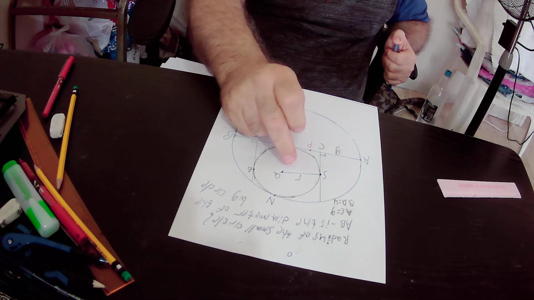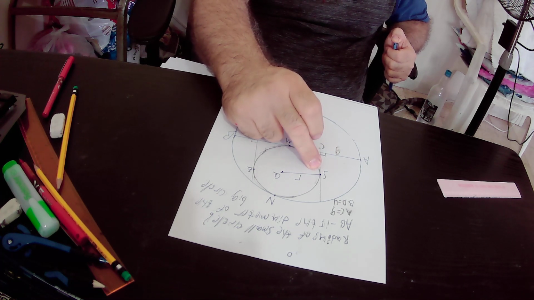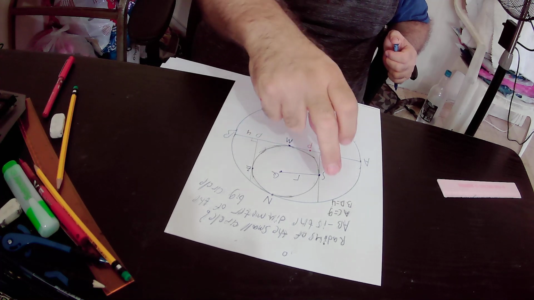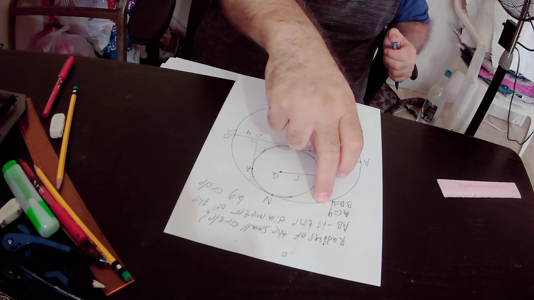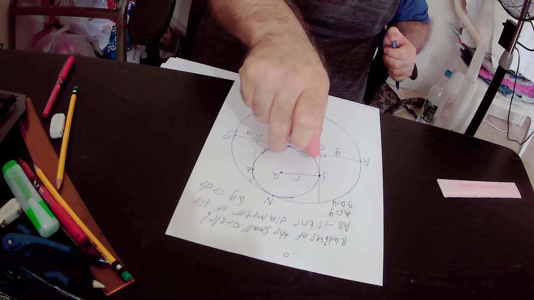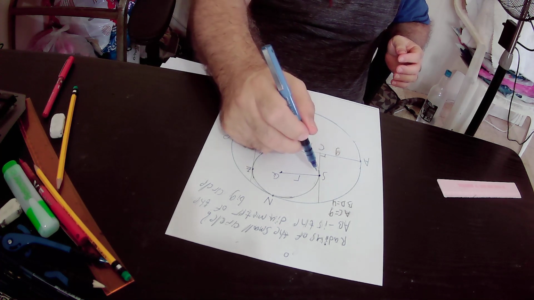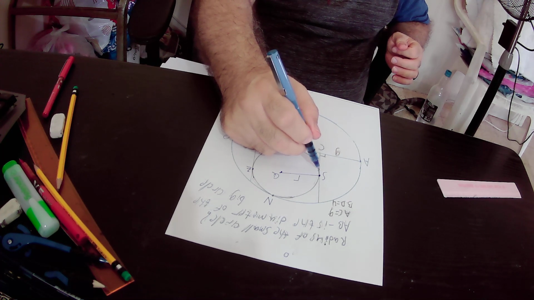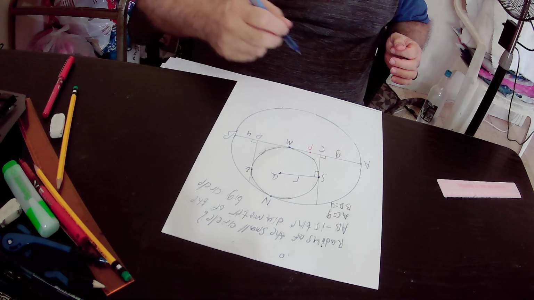So the radius is drawn to the point of tangency, therefore it is perpendicular to the tangent. This is the tangent to the circle, and the radius is drawn to the point of tangency, therefore the radius is perpendicular to the tangent. So this is a right angle. Okay?